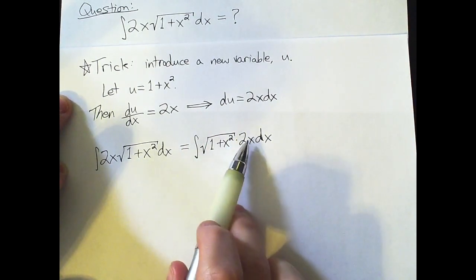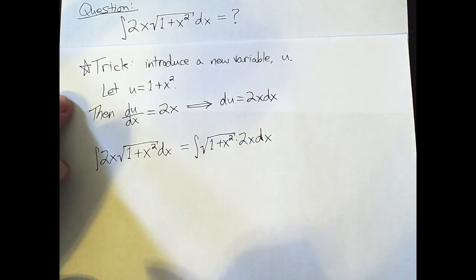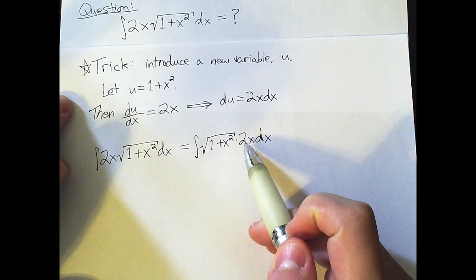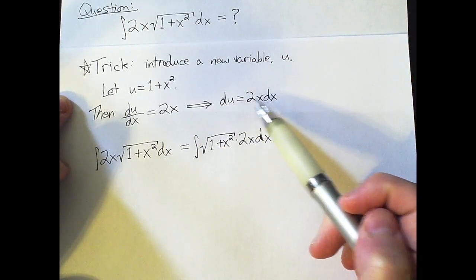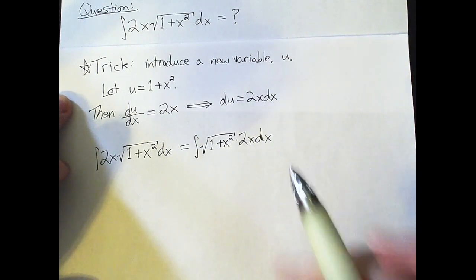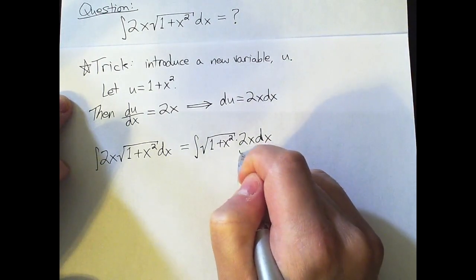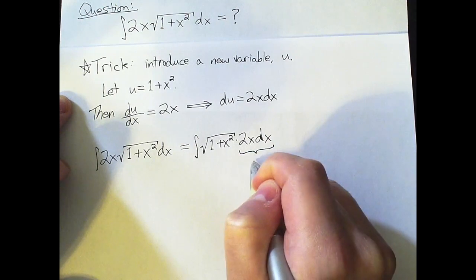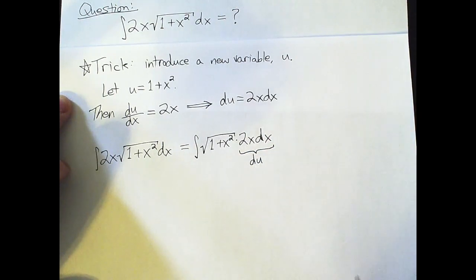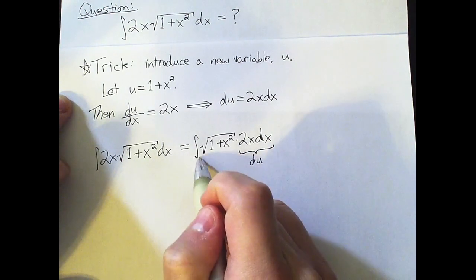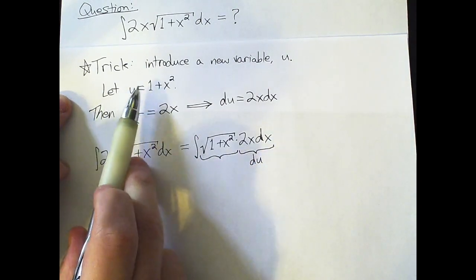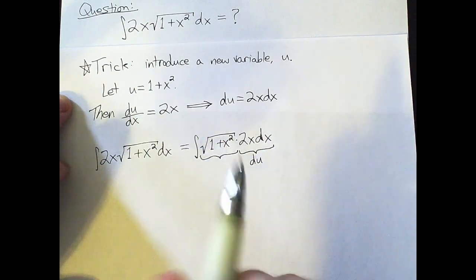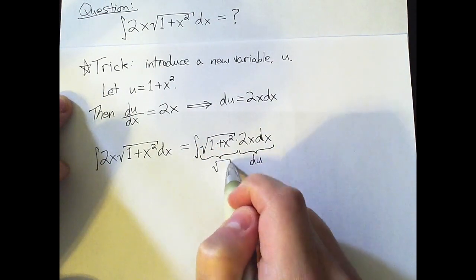I just moved the 2x to the right. The reason I did this is because we have a 2x dx, and above we said 2x dx is du. So we can substitute in du in place of this, and since u is 1 plus x squared, this can just be written as the square root of u.